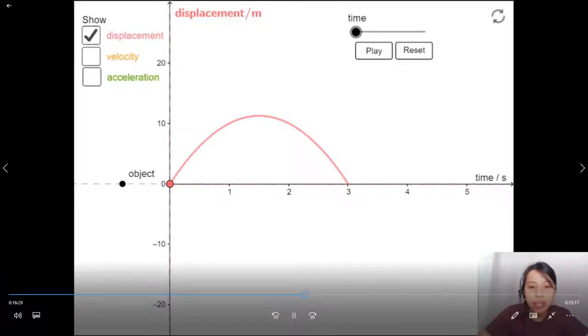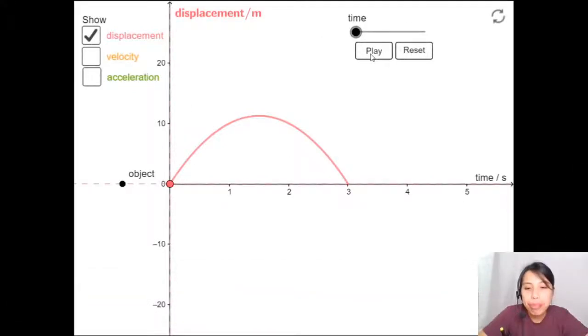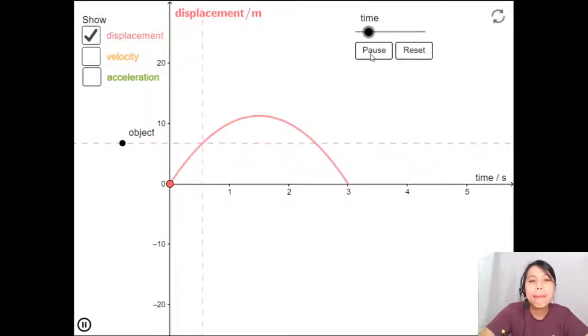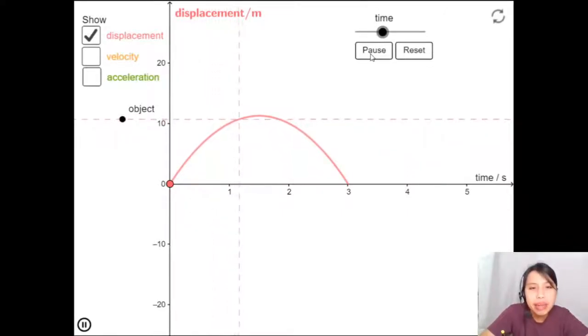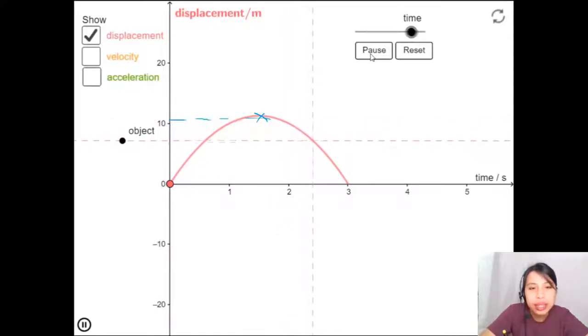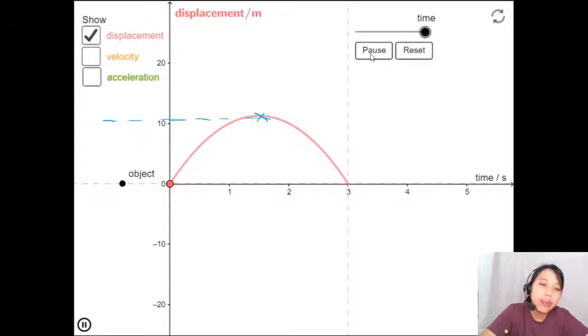The object, as we throw it up, give it some initial velocity, it goes up, reaches a maximum height, somewhere here, and then it goes back down. In this system, we are defining zero displacement as the ground. So it will go up to some height. Call this h. Looks like 10, 11 maybe. So you go up, come down.